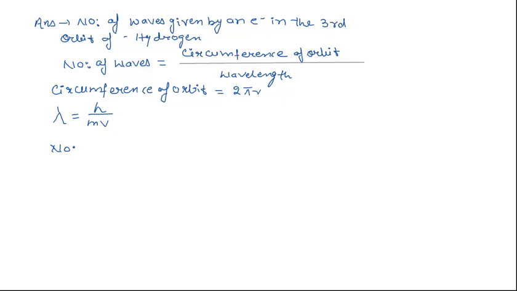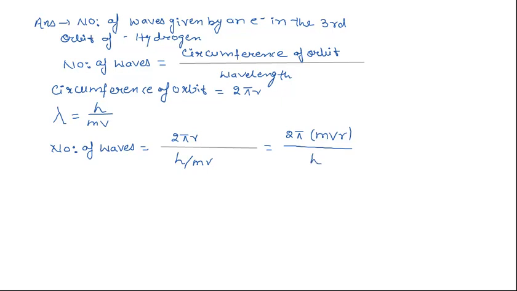So the number of waves will be equal to 2 pi r divided by h by mv, or we can write it as 2 pi mvr upon h, right?